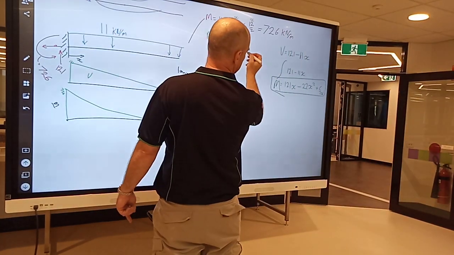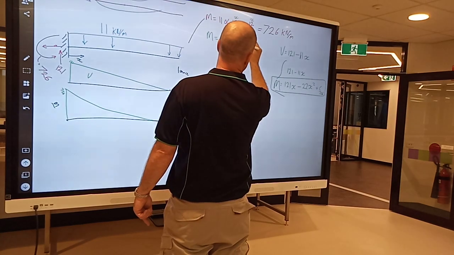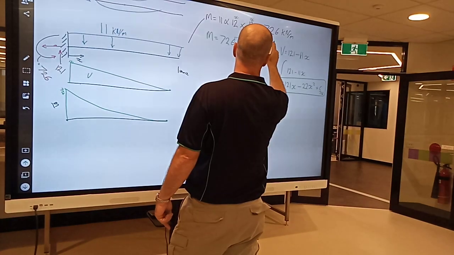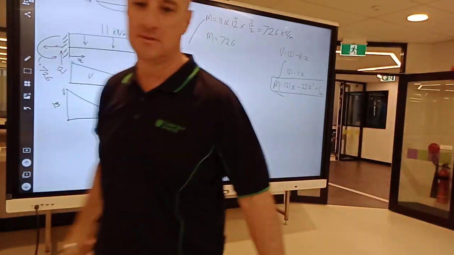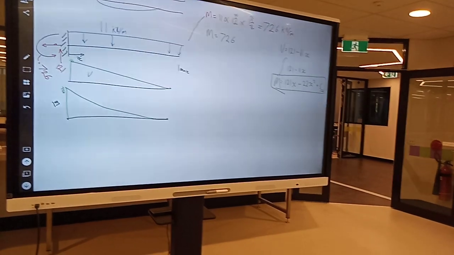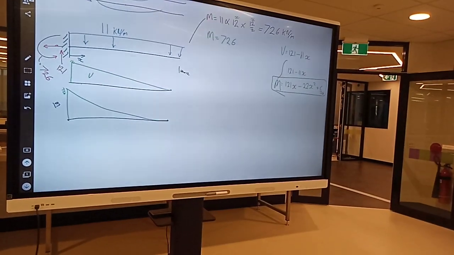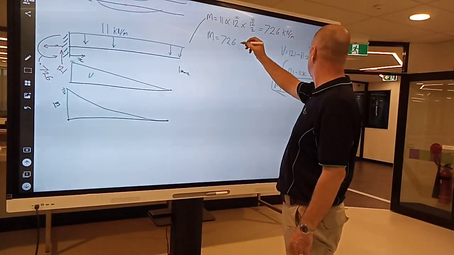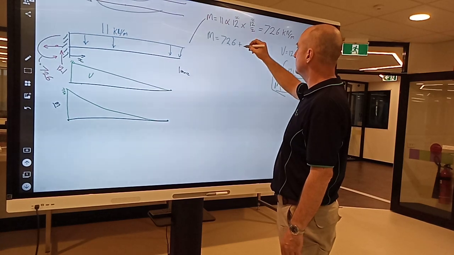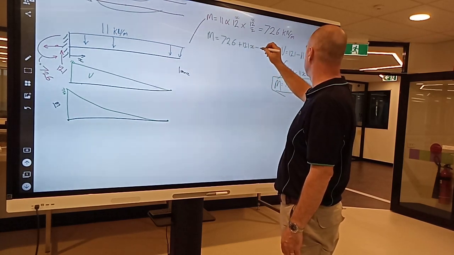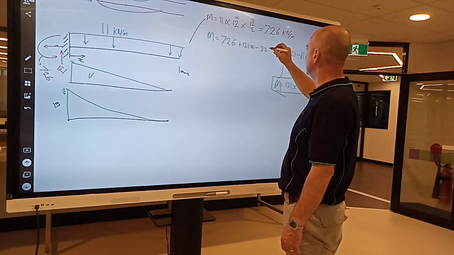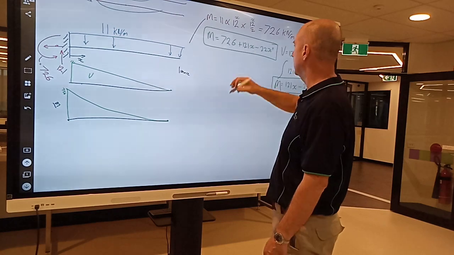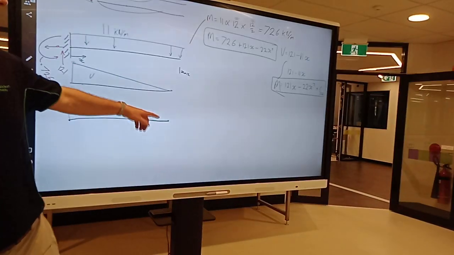M is 726 plus 121x minus 22x squared. Okay, that is our equation for the bending moment.